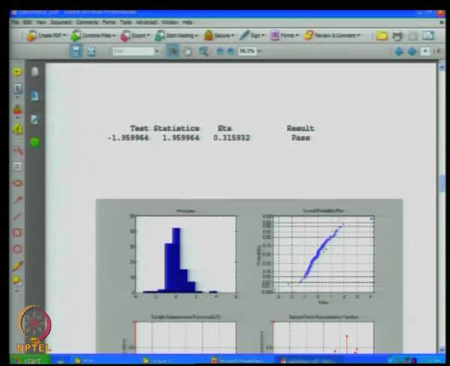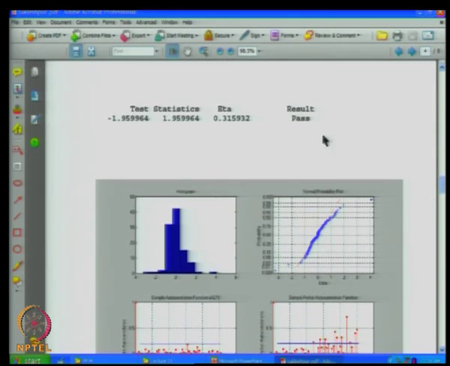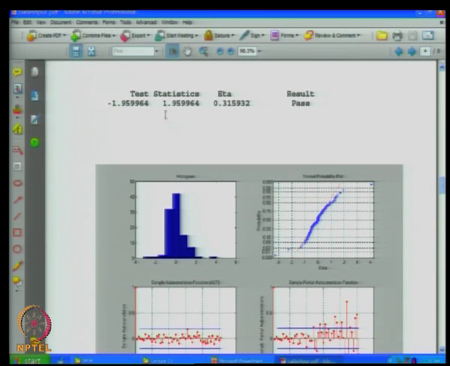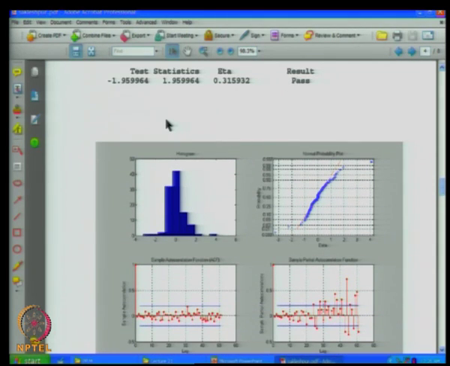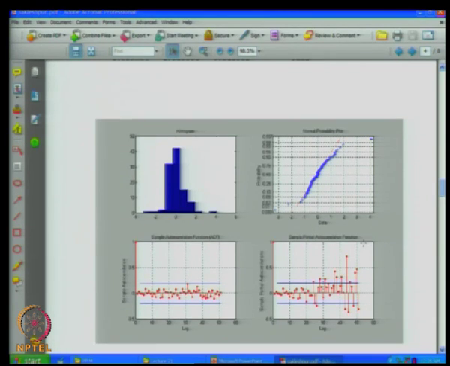Then we look at the residuals. Once the residuals have passed all the tests, we also look at the residual properties themselves: the histogram of the residuals, the sample autocorrelation function or the correlogram, as well as the sample partial autocorrelation.